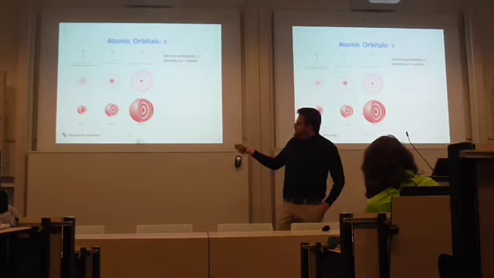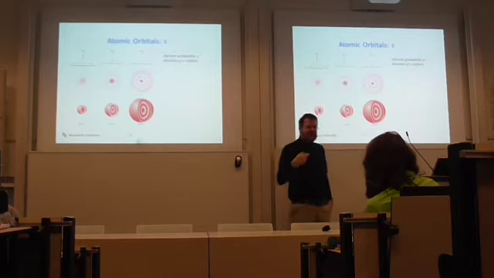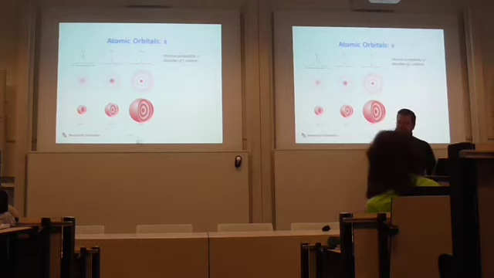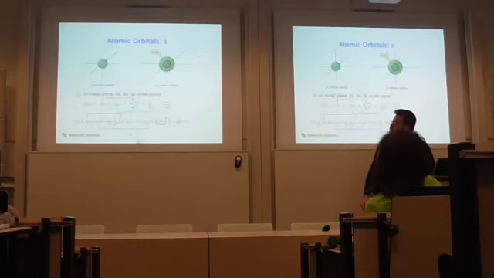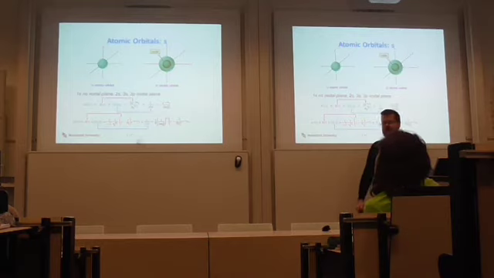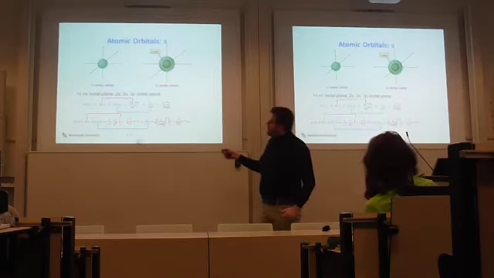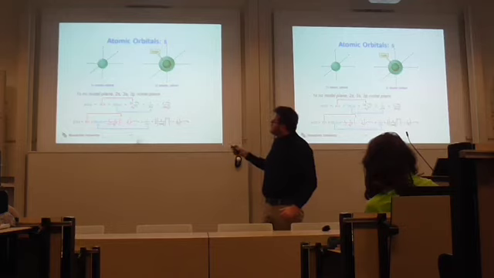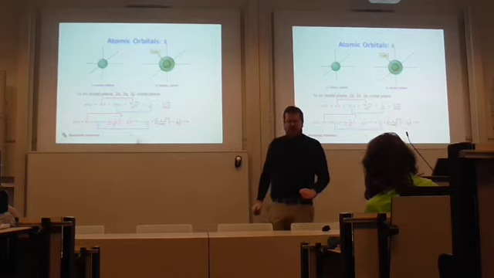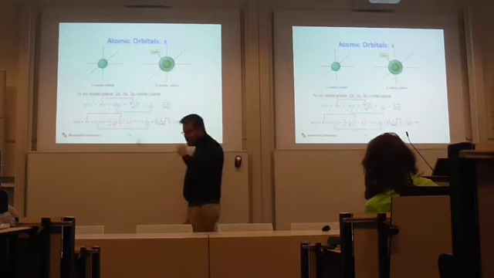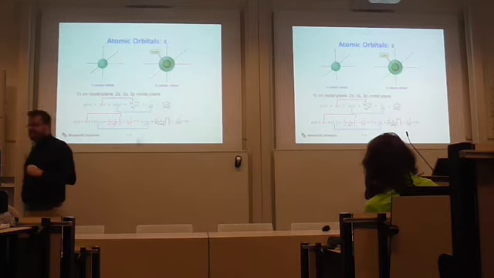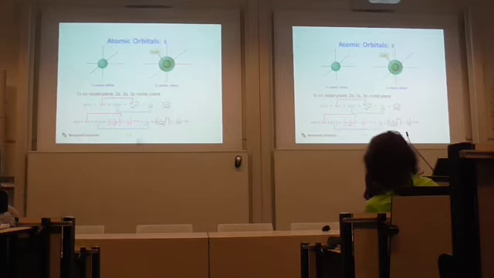Now, instead of drawing these dots, which is cumbersome, to make our life simple we draw closed circles, or what we call boundary surfaces. This is how we would represent a 1s orbital, and this is a representation of a 2s orbital. We do this just to make our life simple, but I think a lot of students get confused if you draw a 1s orbital like that.